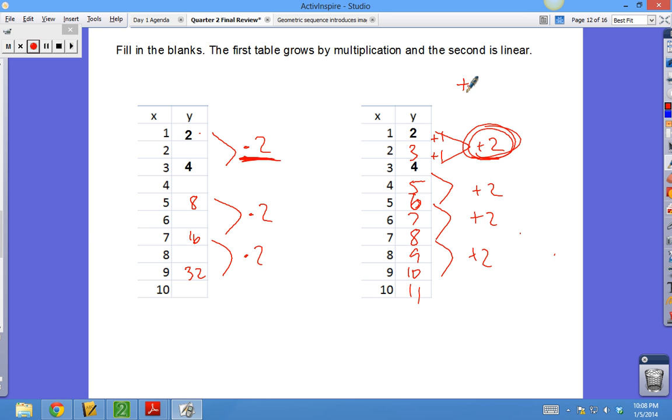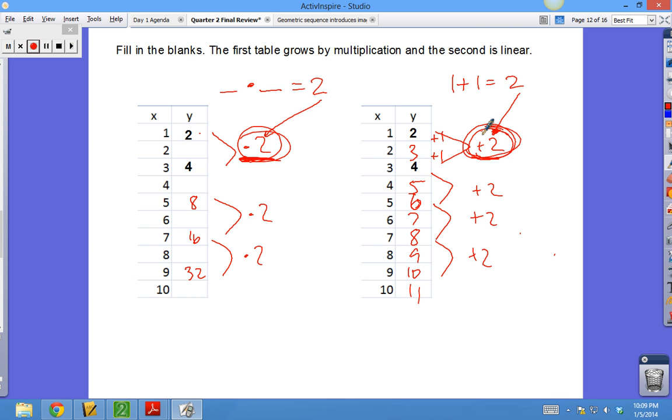A 1 plus a 1 has got to equal the 2 because that's what you're adding by. So something times something has to equal the 2 because that is what I'm multiplying by.